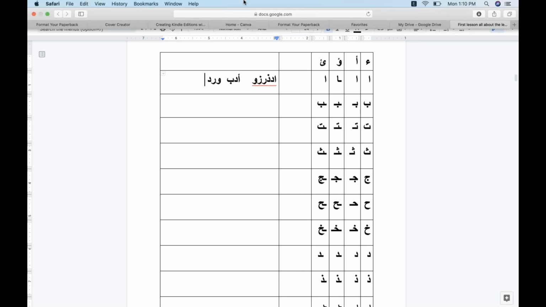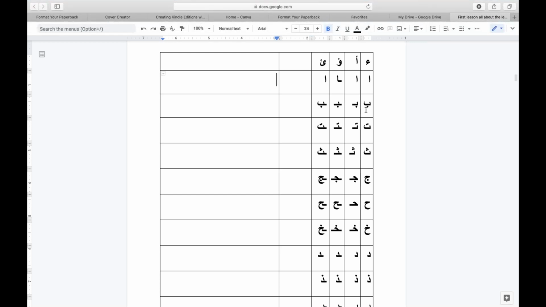Then here we have the letter Ba, which has four different shapes. Ba, if it's by itself, and when it's by itself, it's because it comes after a letter that cannot attach to the letter after it: if it comes after Alif, Dal, Ra, Zai.